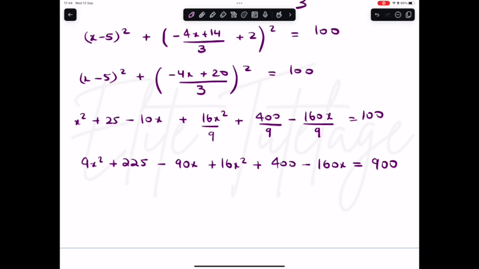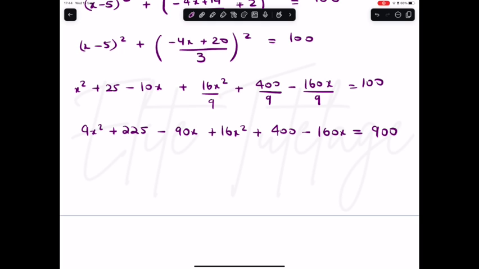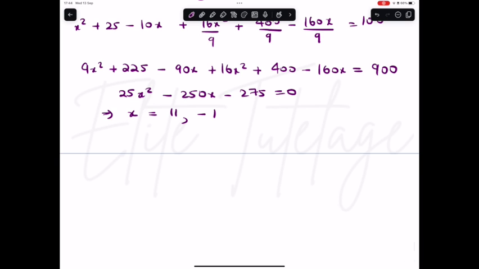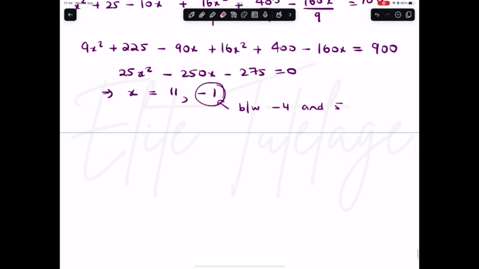These numbers don't look that bad. And I'm going to put all the x squares together, and all my constants together, and use the calculator to get x as 11 and -1. Now, because the value of x that we should have has to be between -4 and 5, x is therefore only -1.